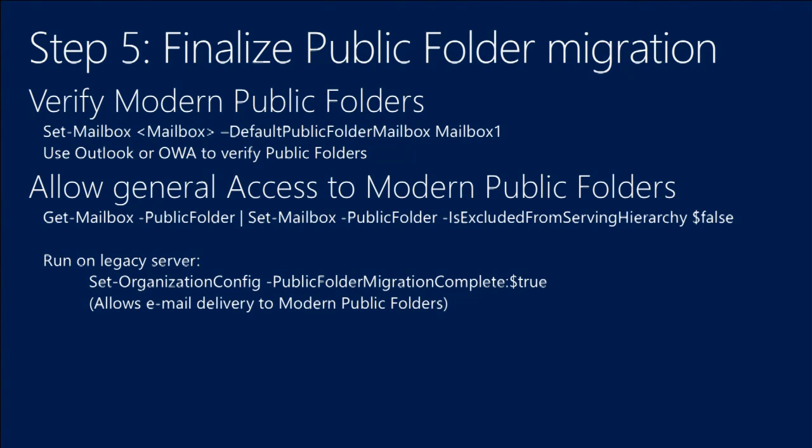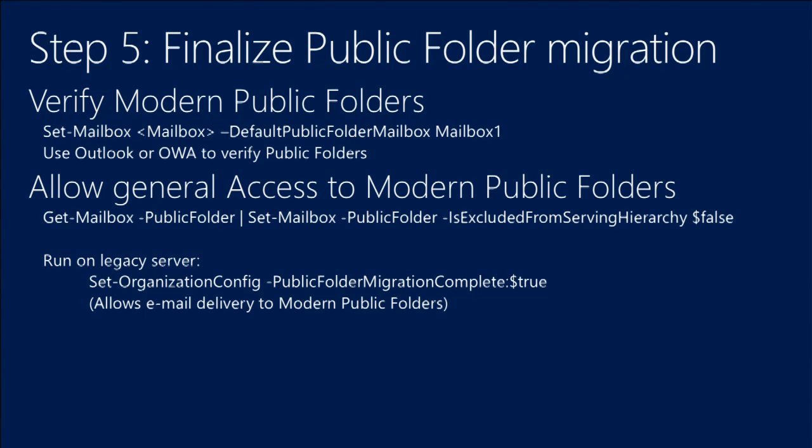As a last step on the legacy servers, you need to set the config PublicFolderMigrationComplete to true. That enables Exchange 2010 to deliver email messages to email-enabled public folders in the modern public folders environment. Once you lock it down in the source environment, all email-enabled public folders that receive emails during that time will basically be placed in the queue.